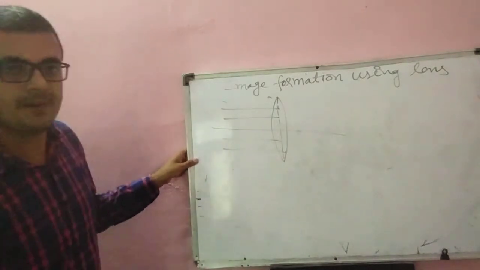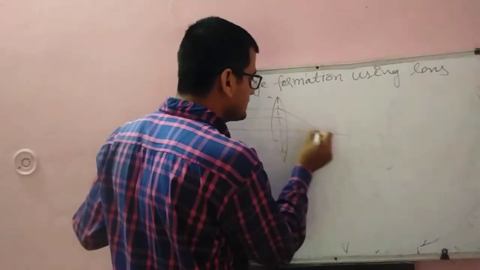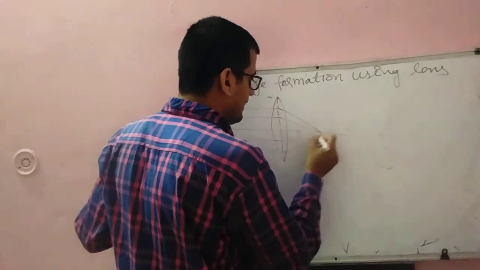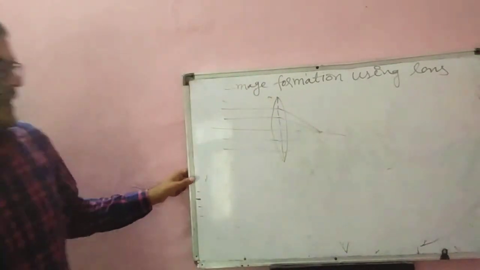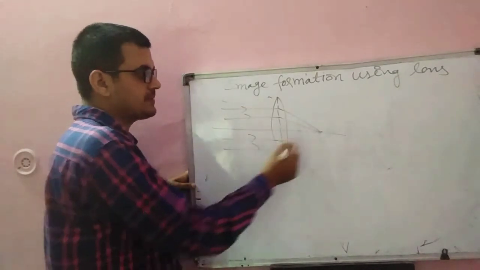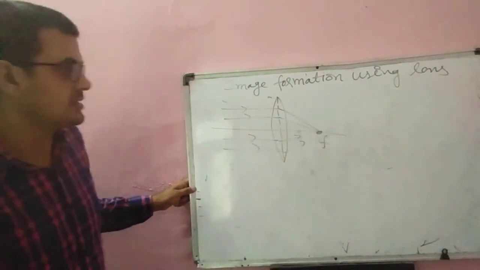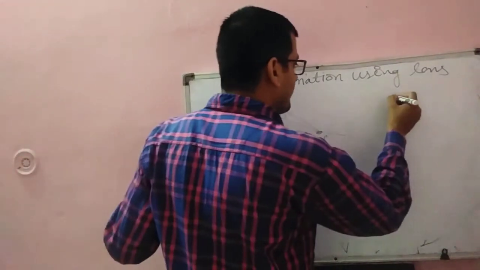What will happen? It will meet at a certain point. I have already told you, whenever rays of light pass parallel to the principal axis, they meet at a certain point, that is called focus. So how will I draw this diagram for concave?